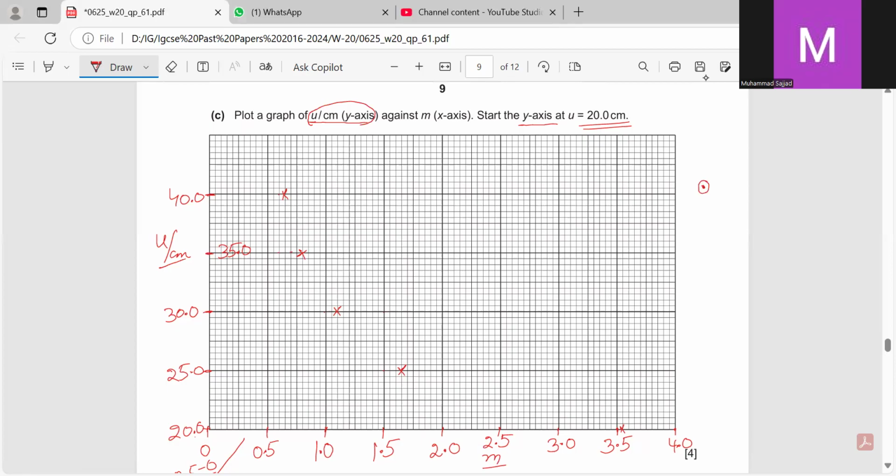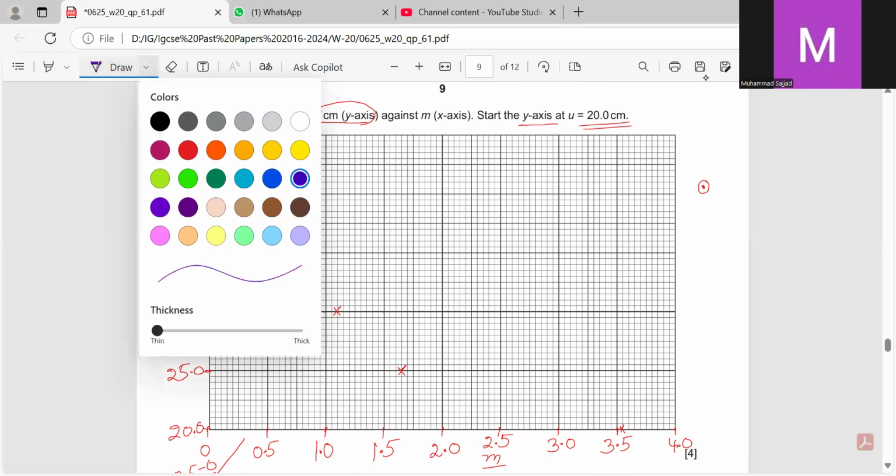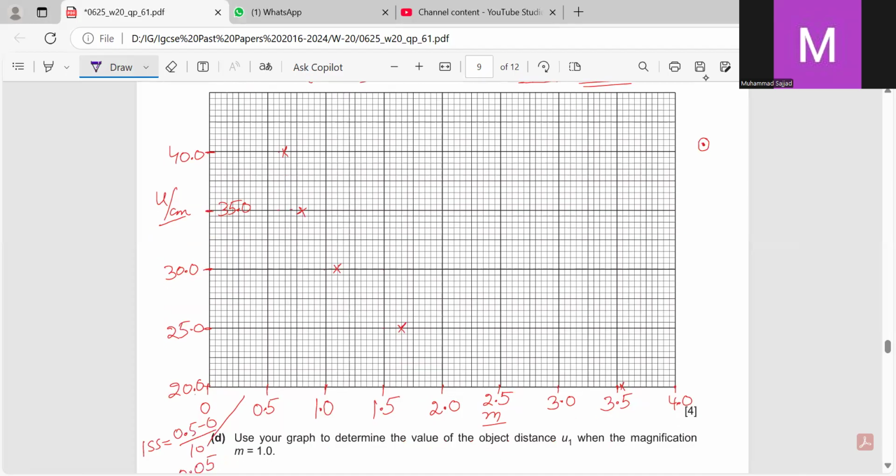And the fourth mark will be for the line of the graph. So my dear, there should be no breaking. It will be a freehand curve. There should be no breaking, it should be a freehand curve. Let's try to get this freehand curve.